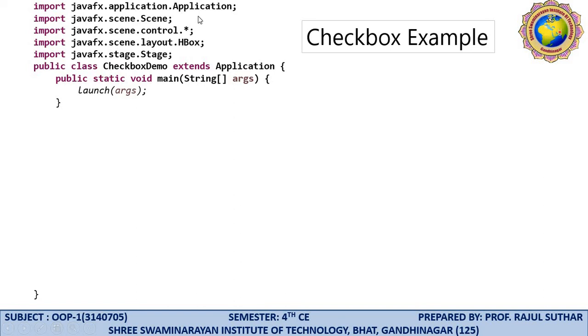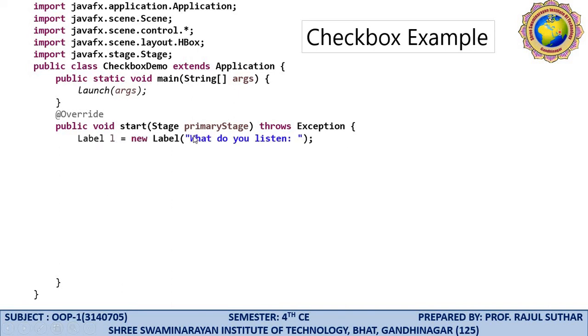If you don't remember the control, write scene.control.star. It covers all the control elements.